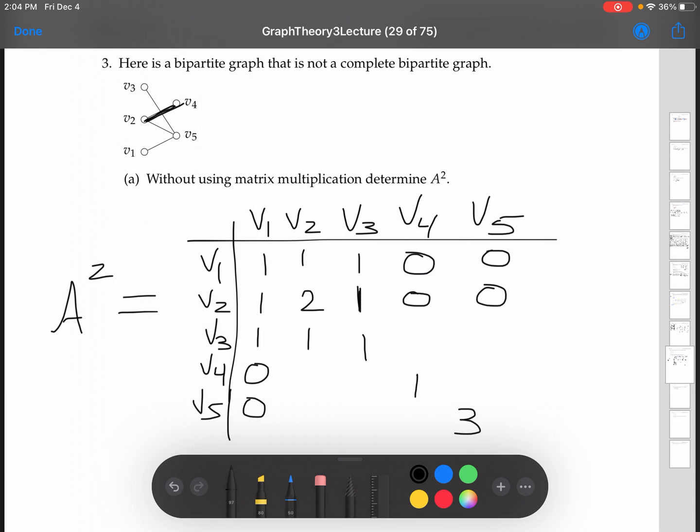You could do it with three, like that. Over, back, over again. But you couldn't do it with two edges. All right, V3, V4, again, there are none. V3, V5, there are none.